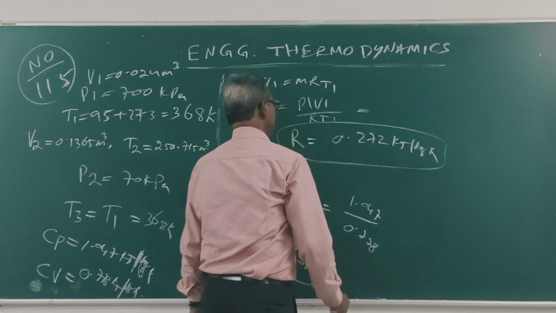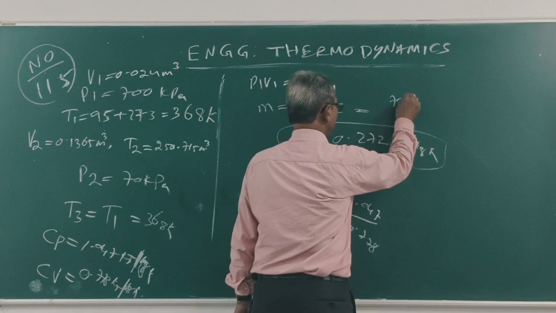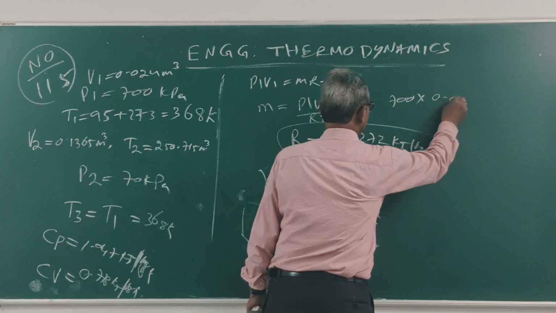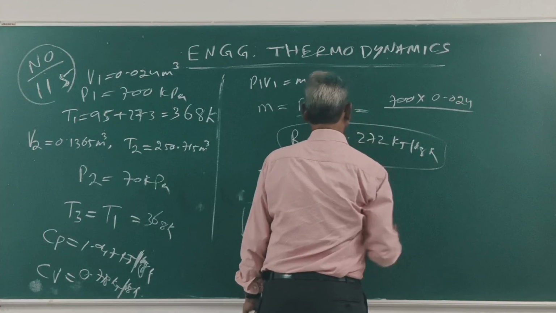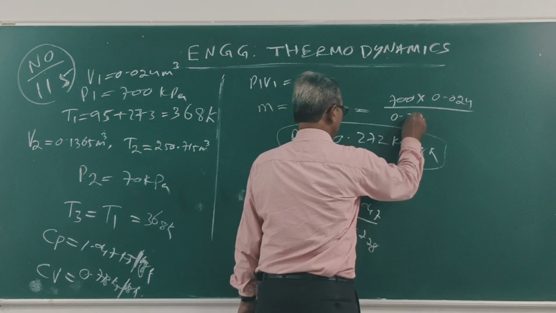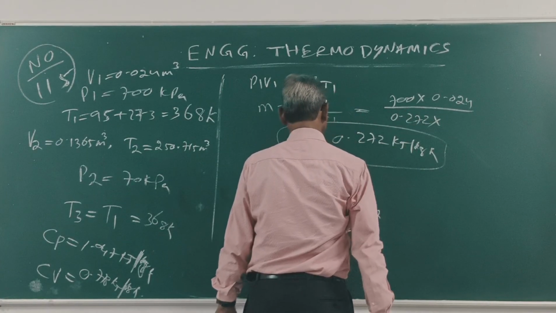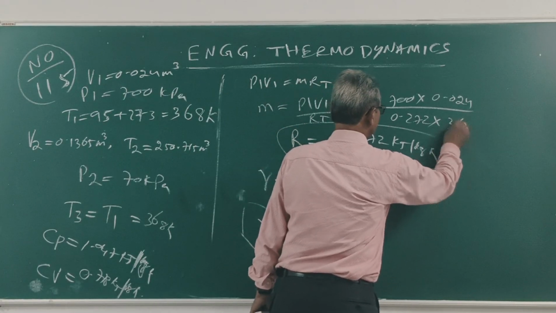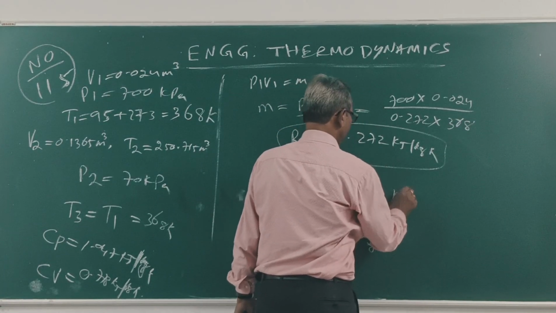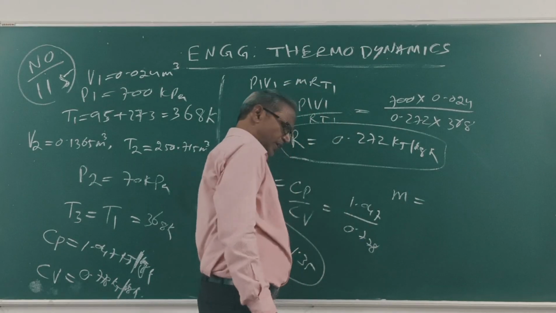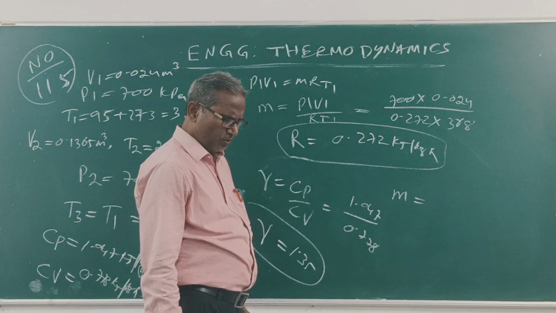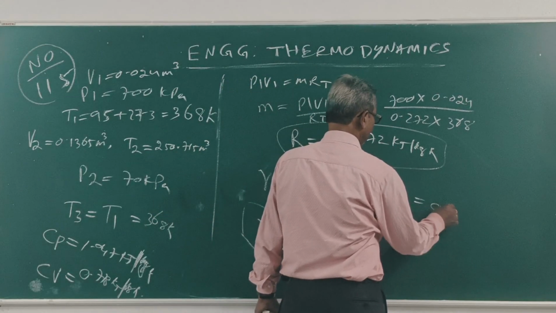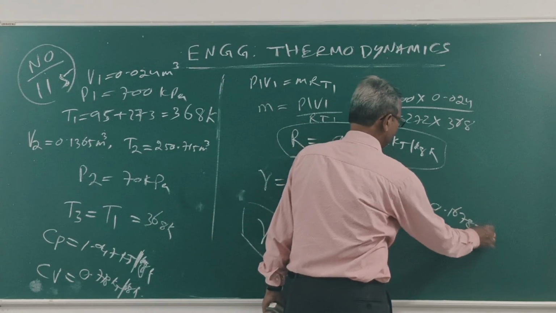P1 means 700, V1 means 0.024, R means 0.272, T1 368. Find out m. What is m equal to? m is equal to 0.16783 kg.